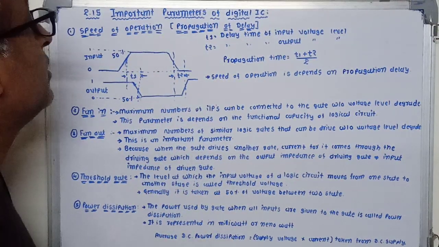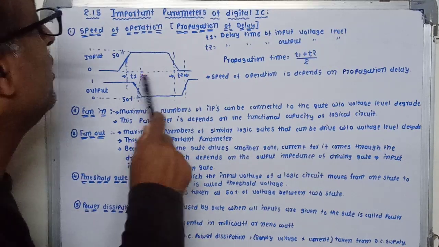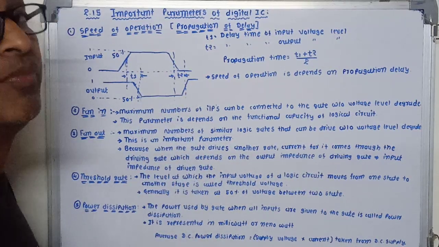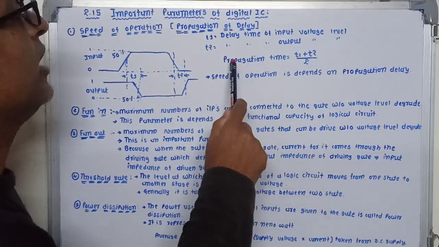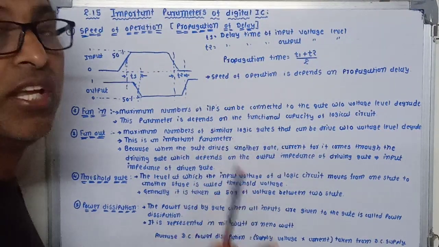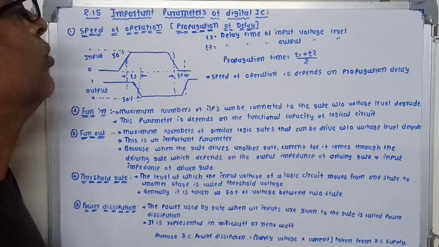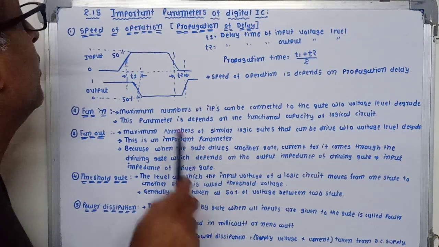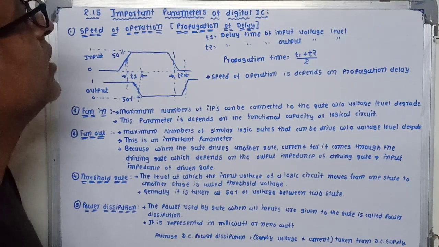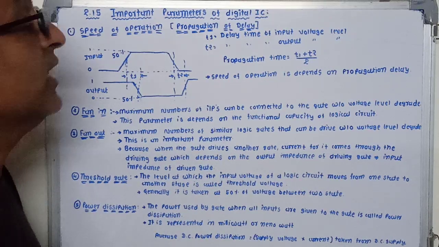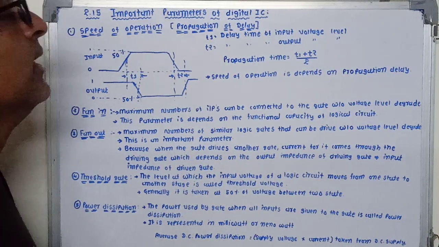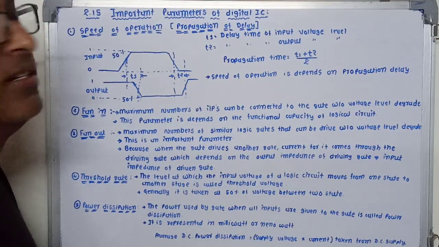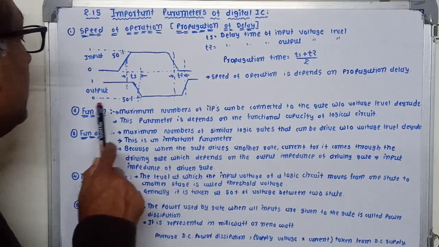The average of T1 and T2 is called the propagation time. So we can write propagation time is equal to (T1 plus T2) divided by 2, where T1 is the delay time of the input voltage level and T2 is the delay time of the output voltage level. The speed of operation of the logic depends on the propagation delay.